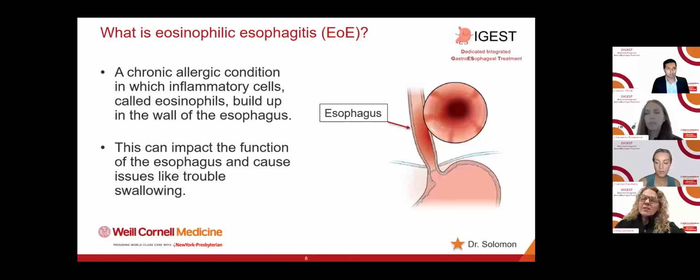The problem with that is that not only does the inflammation lay down, but underneath the surface, even at a slightly deeper level, there can be cells that in response to the inflammation try to heal and repair, but end up causing scar tissue. And a lot of this combination of the inflammation and the scar tissue actually influences the way that the esophagus works.